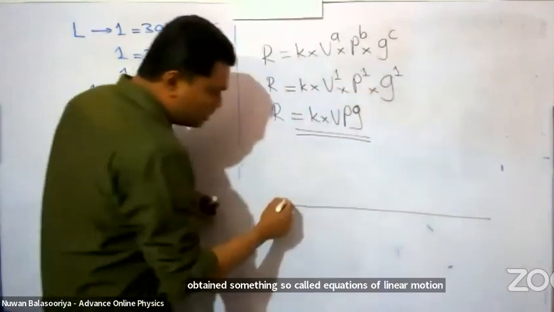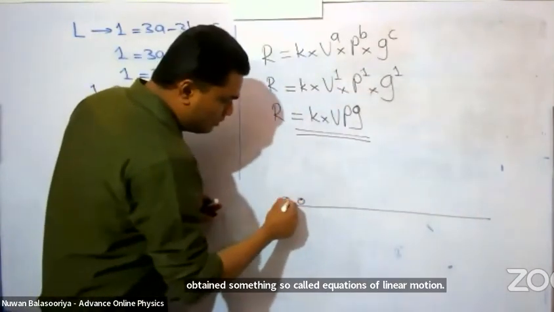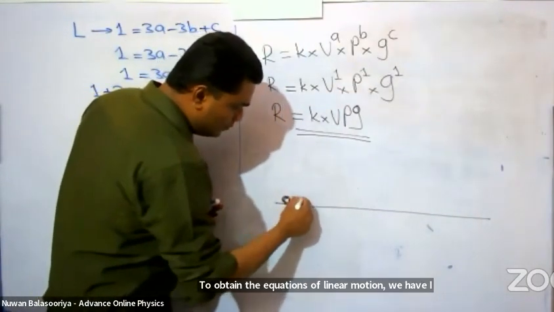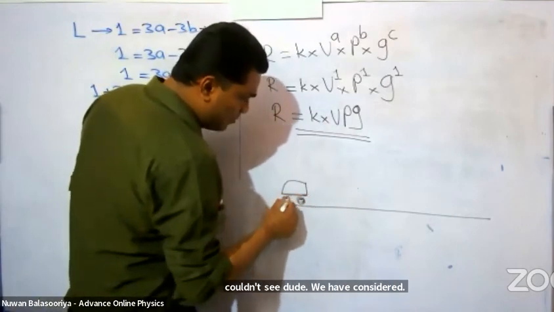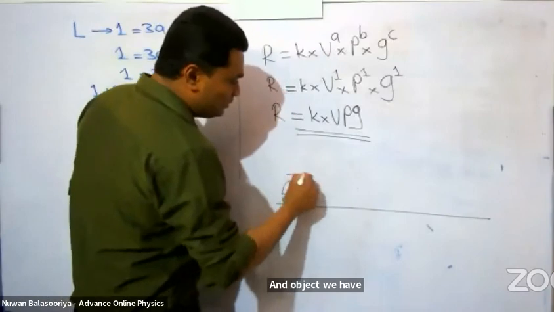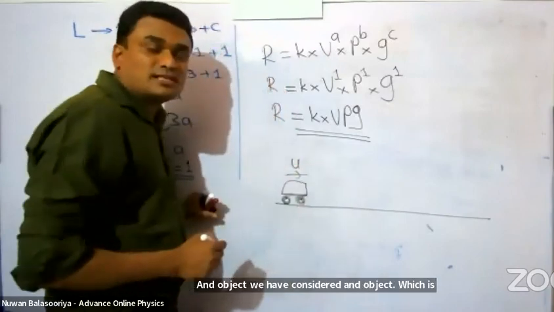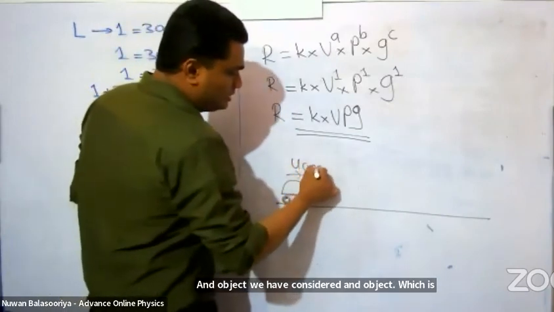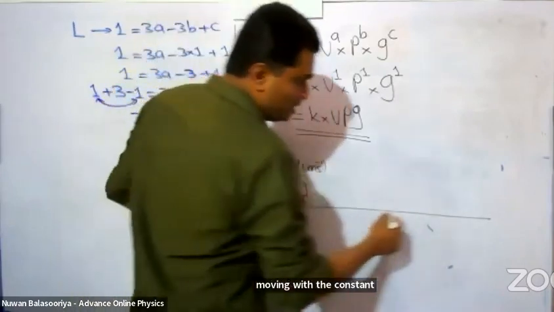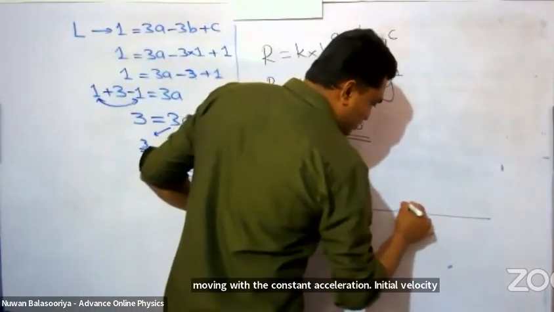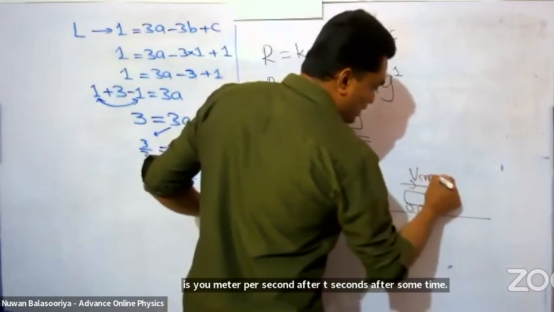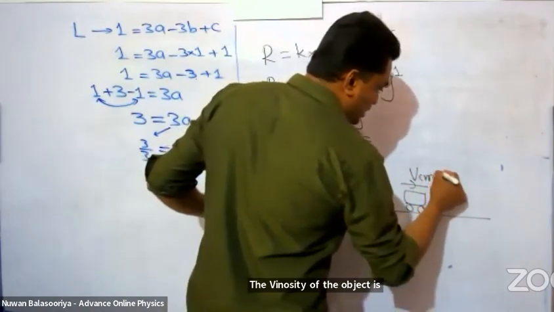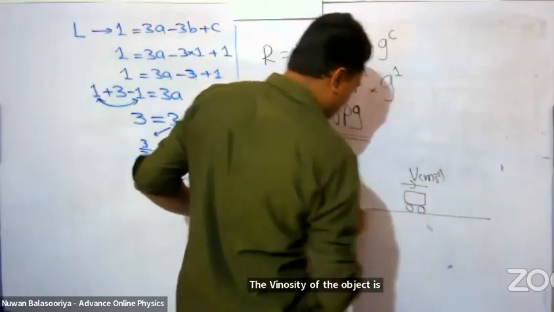To obtain the equations of linear motion, we considered an object moving with a constant acceleration. Initial velocity is u meters per second. After t seconds, the velocity of the object is v meters per second.